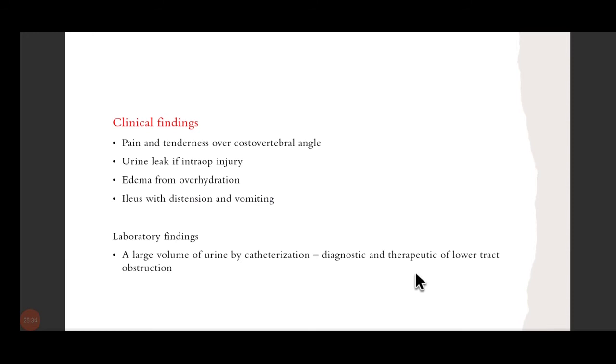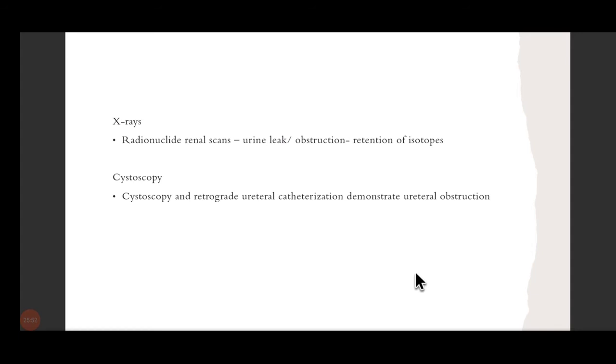Lab findings, once you actually treat the patient, if you suspect a post-renal kidney injury, you must attempt to insert a urethral catheter, which itself is diagnostic and therapeutic. X-rays have a limited role, but radionuclide renal scans may reveal a urine leak or a site of obstruction.